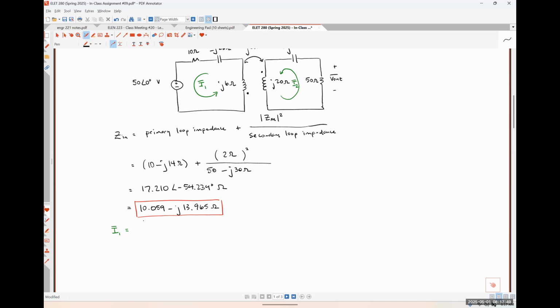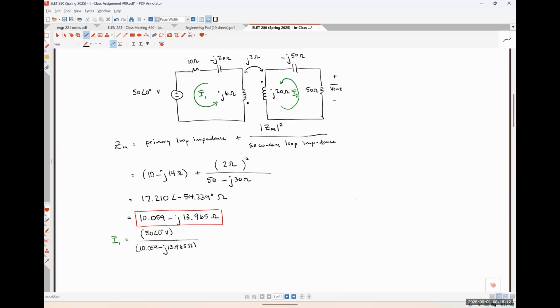I've got my source voltage of 50 angle 0 degrees volts, and I'm going to have my input impedance of 10.059 minus j13.965 ohms. What I'm going to do here specifically though, is put a negative sign.